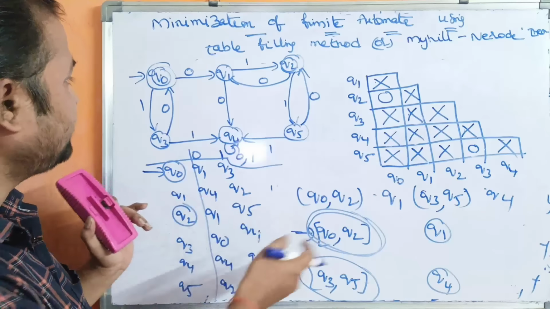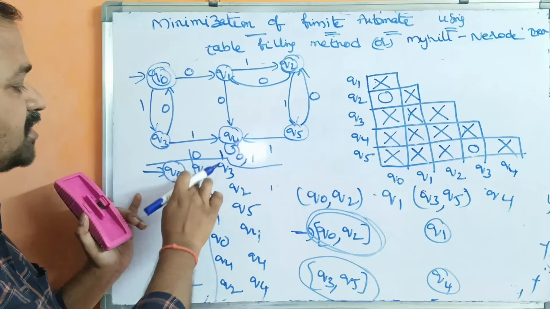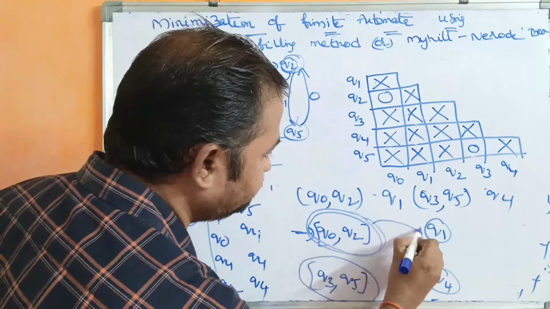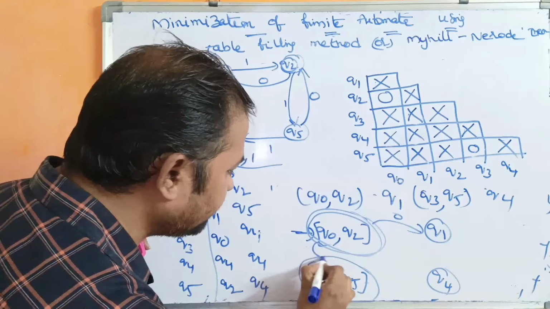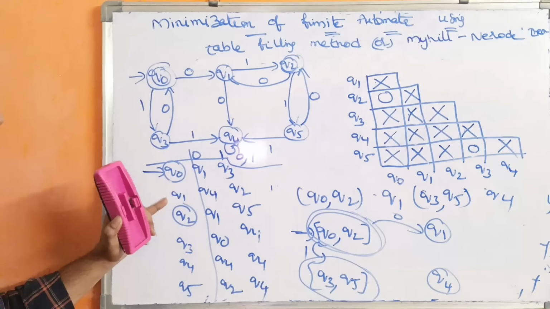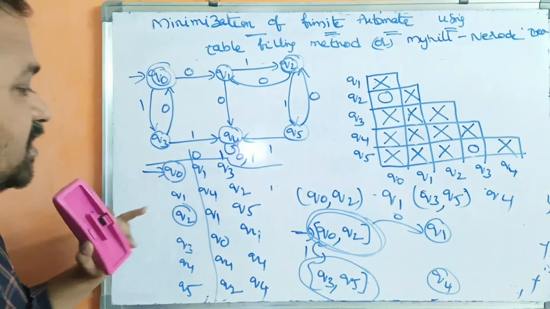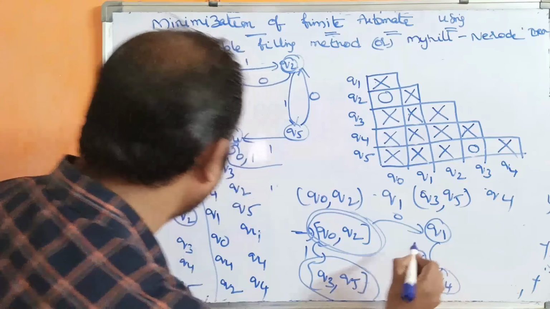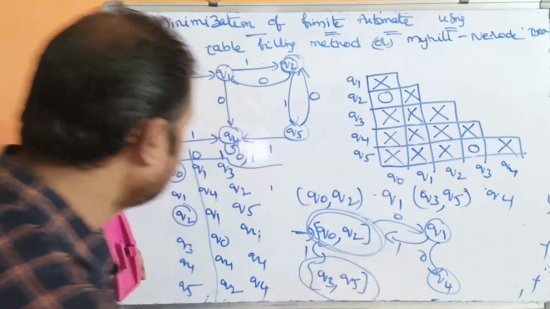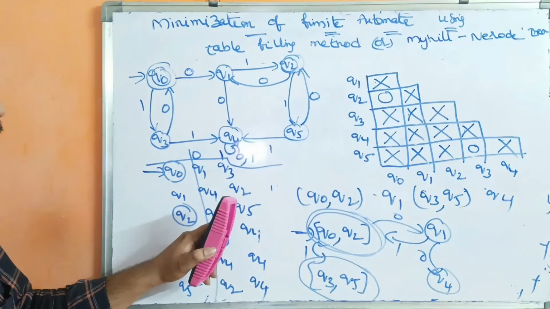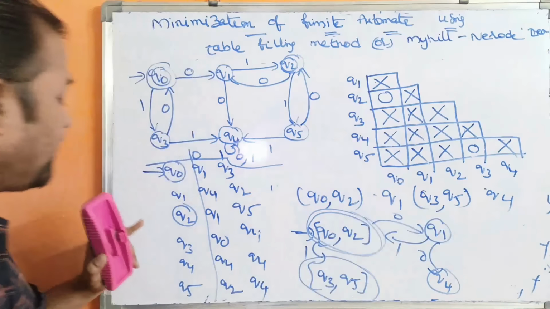So let us apply the transitions. Q0 on 0 means Q1. Next, Q0 on 1 means Q3. Next, Q1 on 0 means Q4. Q1 on 1 means Q2. Next, Q2 on 0 means Q1, already applied.